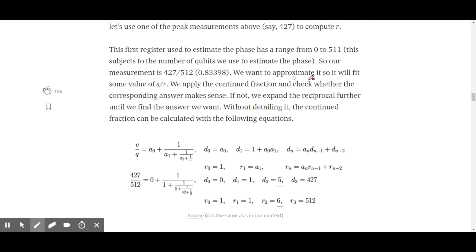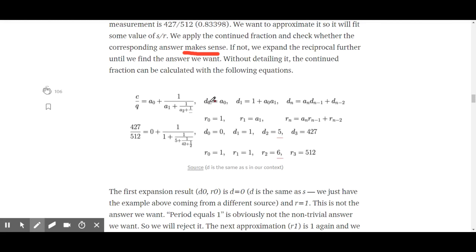We want to approximate it so it will fit some value of s over r. We apply the continued fraction and check whether the corresponding answer makes sense. If not, we expand the reciprocal further until we find the answer we want. The continued fraction can be calculated with the following equations.